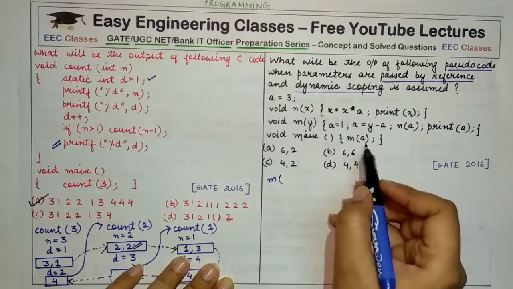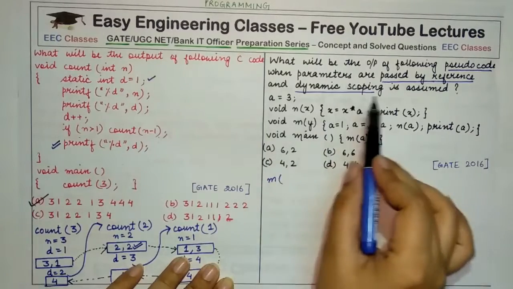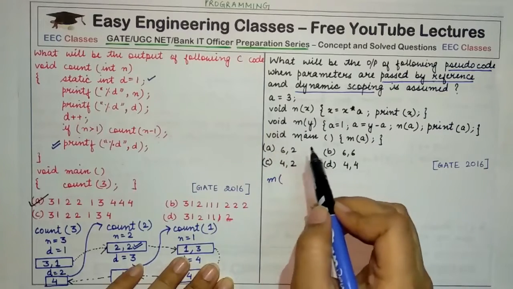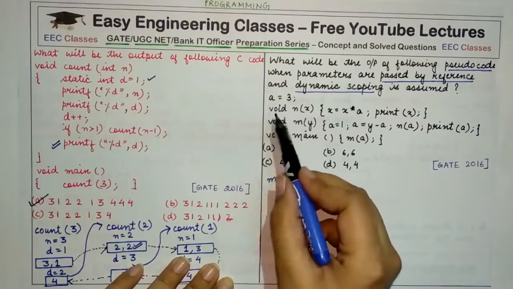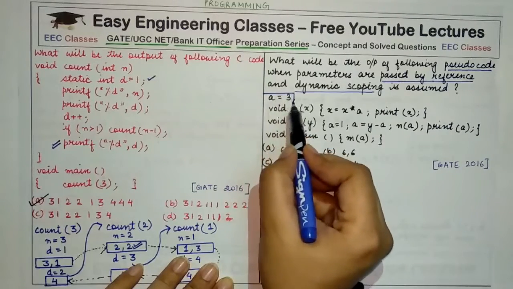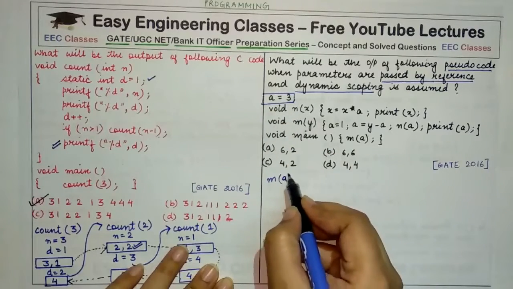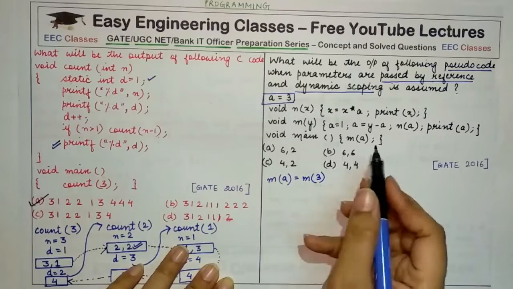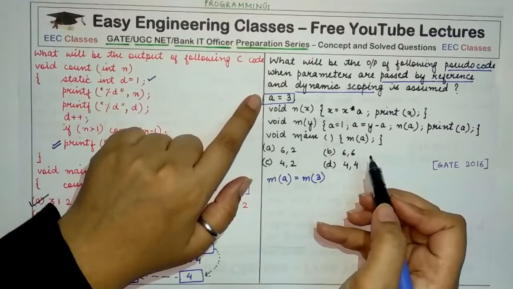Here since a is not defined within main, the concept of dynamic scoping is used. We look upward in the hierarchy. Since the main function does not have a calling function, we'll directly look upward in the global scope. In the global scope, a has been declared equal to 3, so m of a means m of 3 is being called. So the value of a is taken here from the global scope, which is equal to 3.